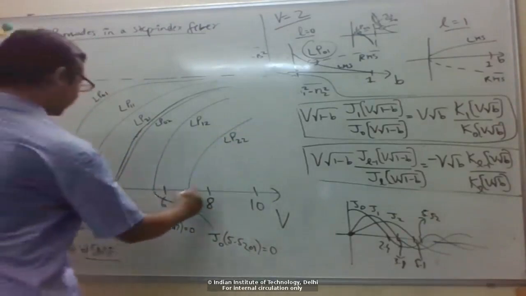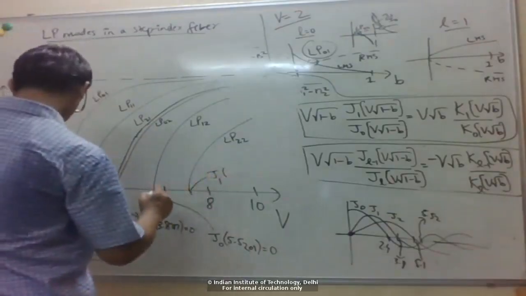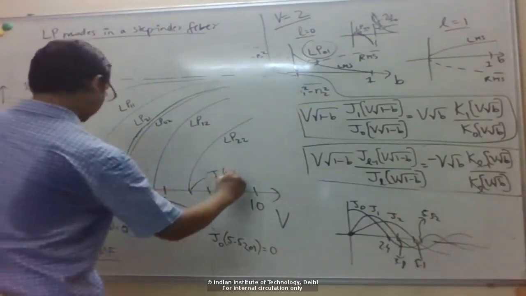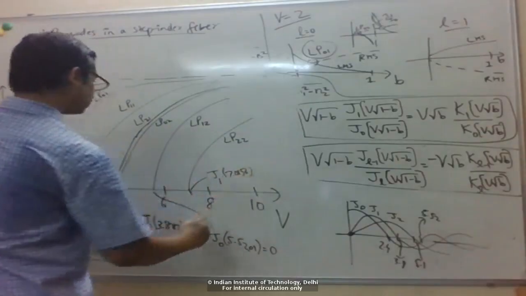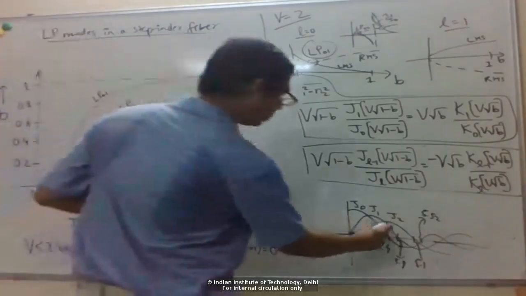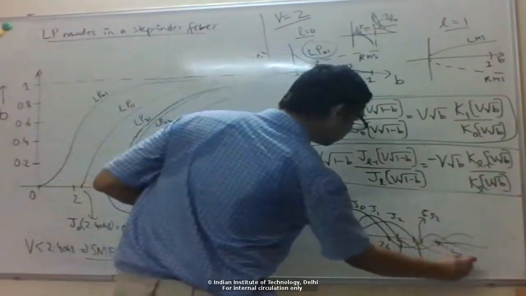This will happen at the second root of J1. J1 crosses 0 again at 7.01.